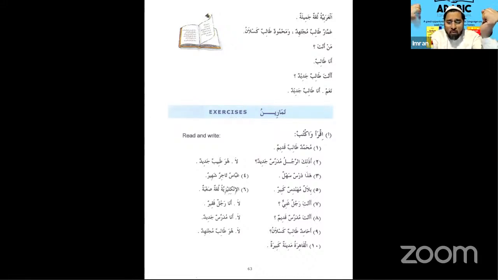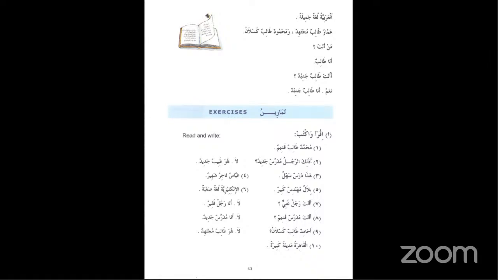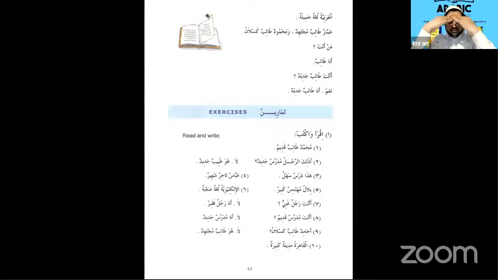If I said Muhammadun at-talibu al-qadimu, and then I say mujtahidun without alif lam, then mujtahidun will be deemed as the khabar. So the translation will be Muhammad, the old student, is hardworking. I hope I was able to get through. Yes, Alhamdulillah. Okay, Agha Muhammad Raza, was that clear?